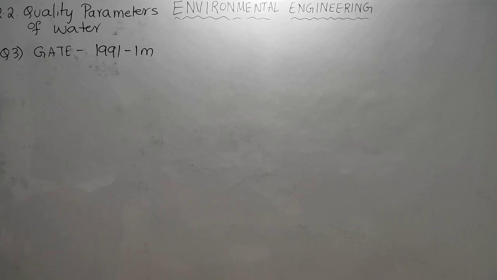Consequent to the inflow of raw water from a different source, it changed to 8 in the next 24 hours. Assuming linear variation in the time of hydrogen ion concentration, the time mean pH value of the water over this 24-hour period is. So what is the given data?